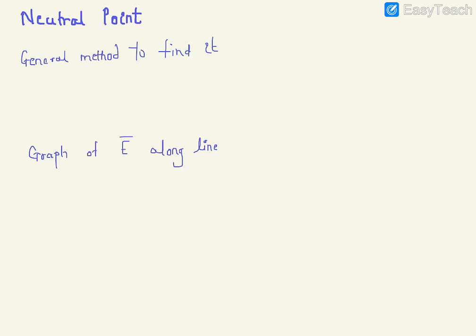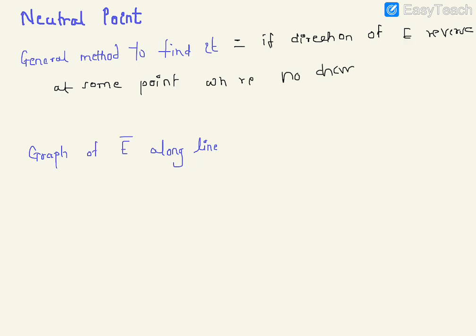So a very general way to find a neutral point is if the direction of E reverses at some point where there is no charge. Like in the space we have electric field, and it will be varying.